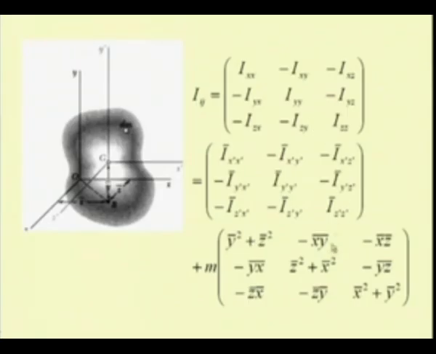So, again writing it in this tensor notation helps in solving the problem, and also this gives a concise way of representing the various second moments of the mass.